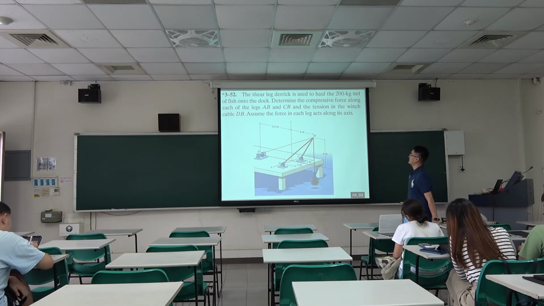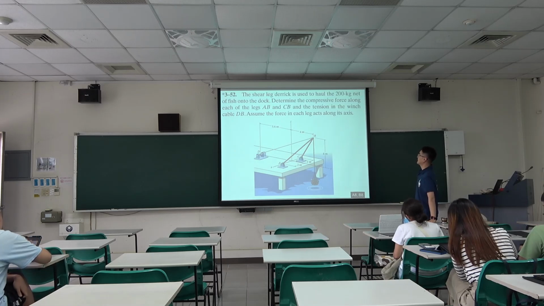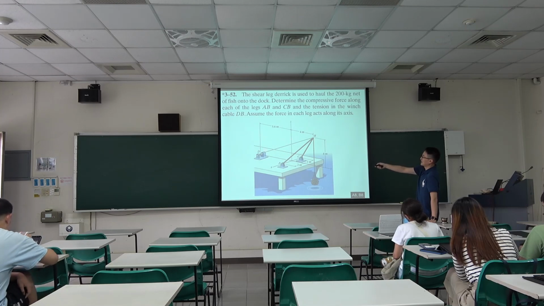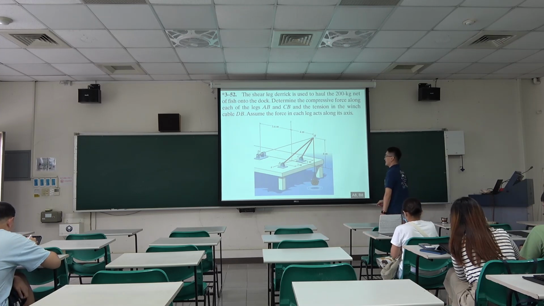Determine the compressive force along each leg, AB and CB, and the tension in the winch cable DB. The cable is this part. Assume the force in each leg acts along its axis.